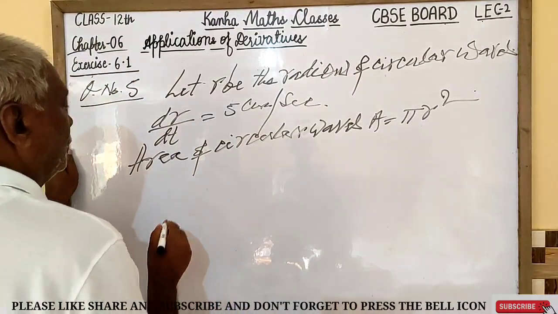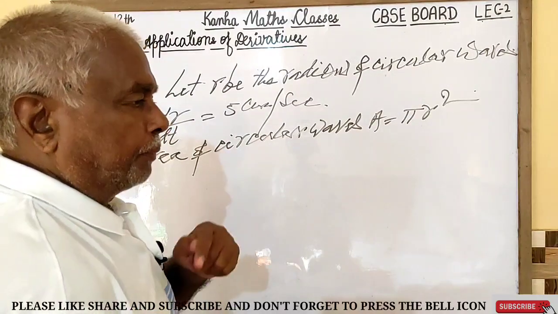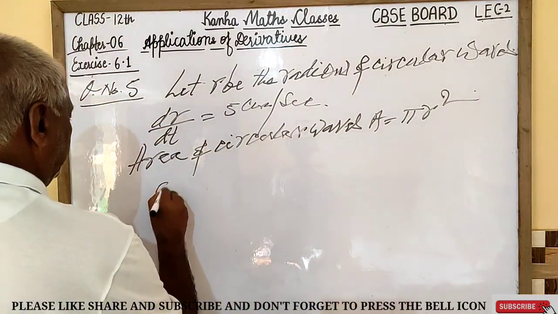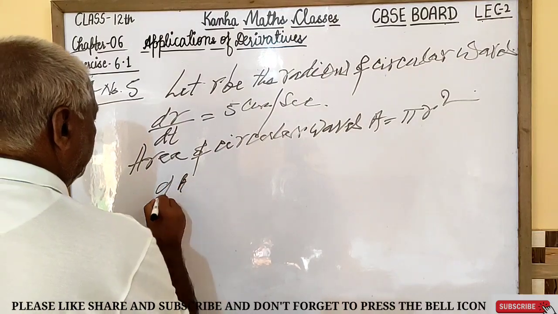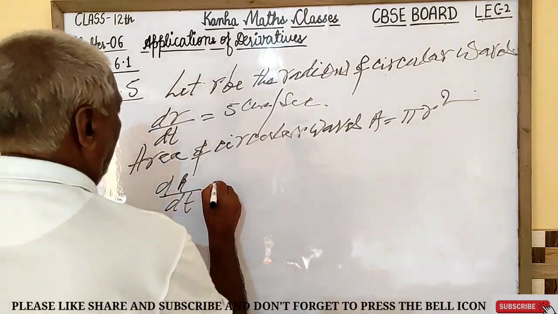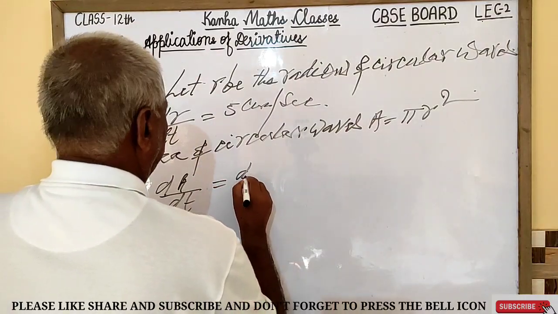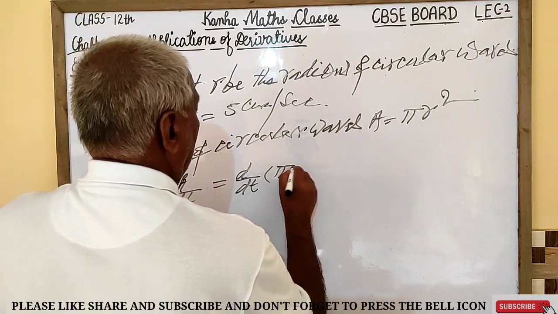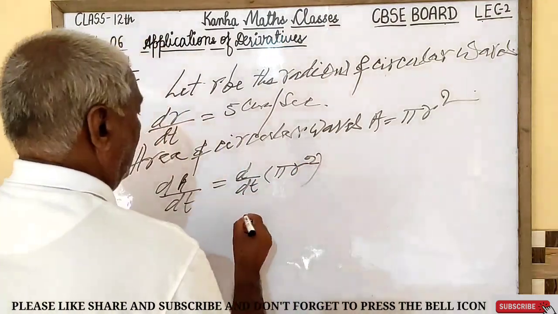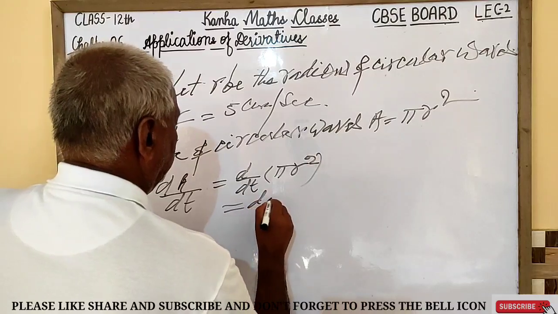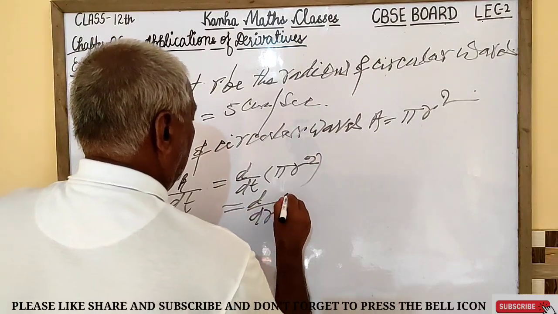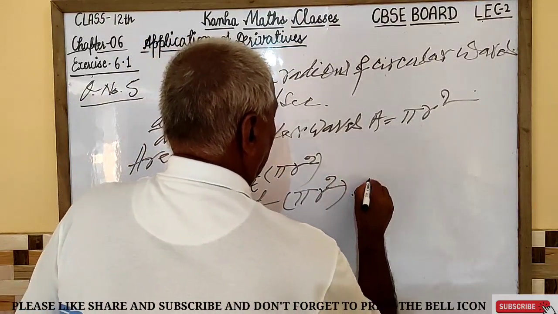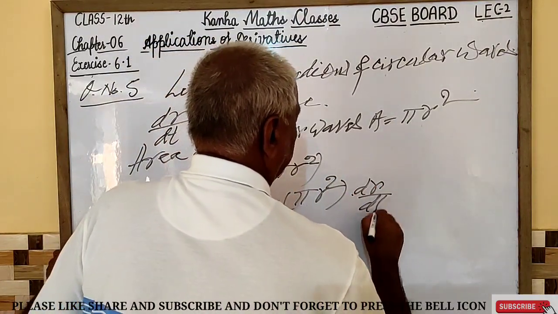Now, the rate of increase of the area, that is dA by dt, or d by dt of A, means d by dr of pi r square into dr by dt.